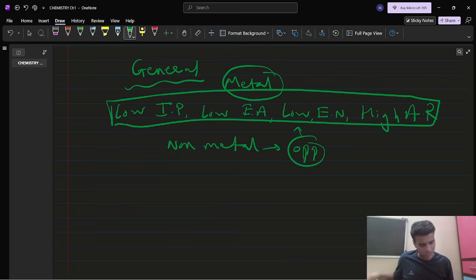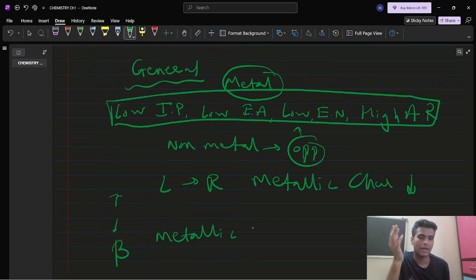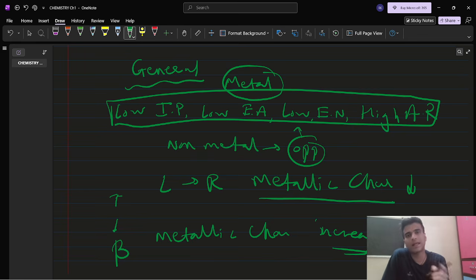So in general we can say left to right the metallic character decreases. Visualize sodium, chlorine, क्या हो रहा है, metallic character decreases, but chlorine is non-metal of course it decreases. And from top to bottom, we say metallic character increases. अगर यहाँ metallic character decrease है तो obviously non-metallic character is increasing.